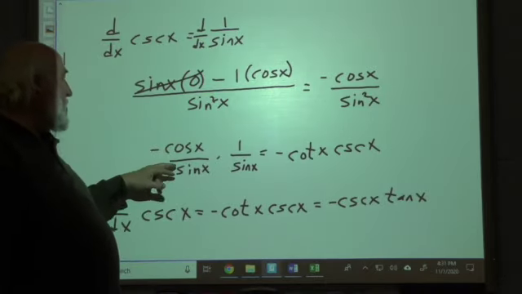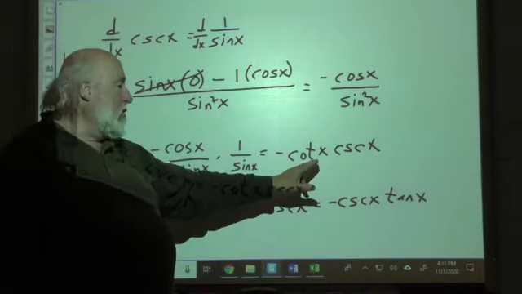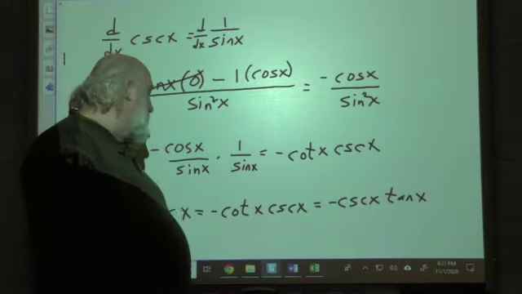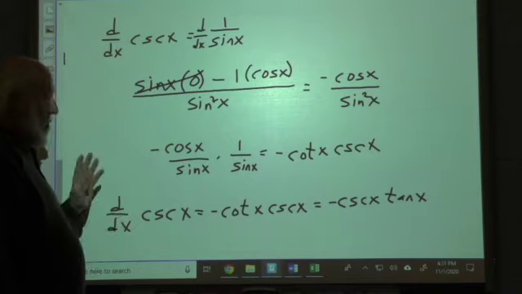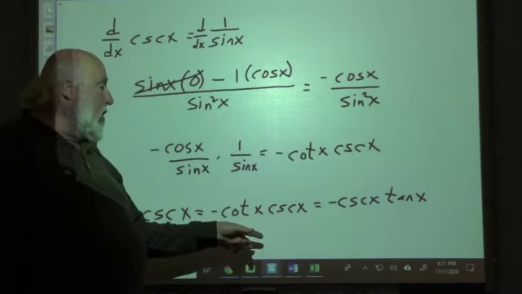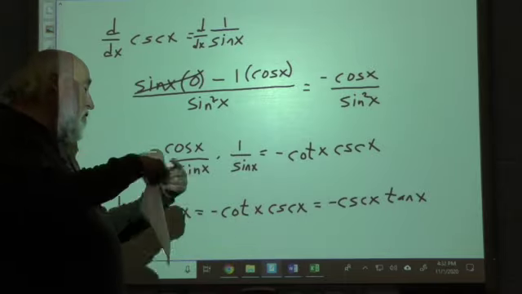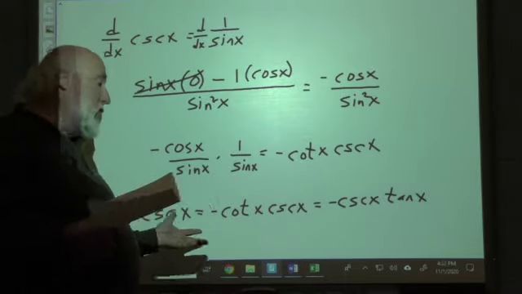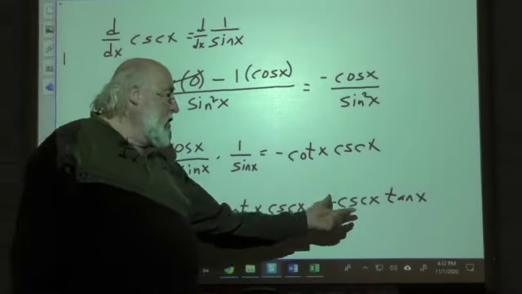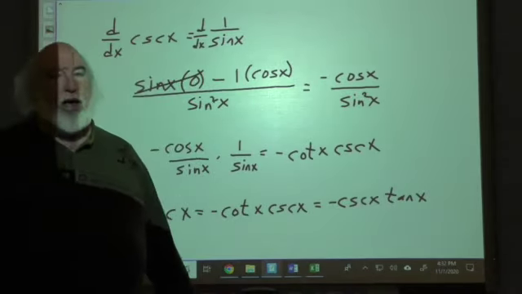Negative cosine x over sine of x is negative cotangent of x, and 1 over sine of x is cosecant of x. So the derivative of cosecant of x is equal to negative cotangent x cosecant x, or you can flip them around. Again, multiplication is commutative. It makes no difference the order in which you multiply. Negative cosecant x times cotangent of x.